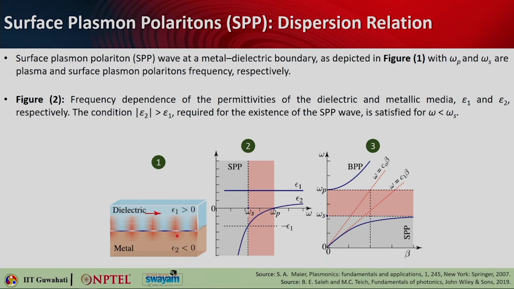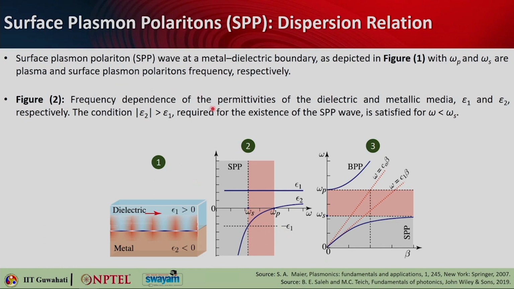Epsilon 2 is negative because that is the metal. So, let us plot this one. If you remember the Drude model, epsilon 2 in this case will be 1 minus omega p square over omega square. So, at omega equals omega p, the value is 0, and at omega equals omega s, this value is the same as minus epsilon 1, and this is the resonance.